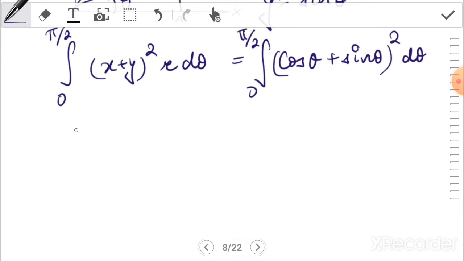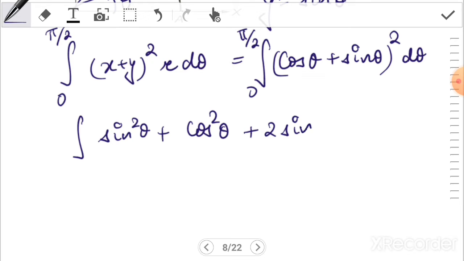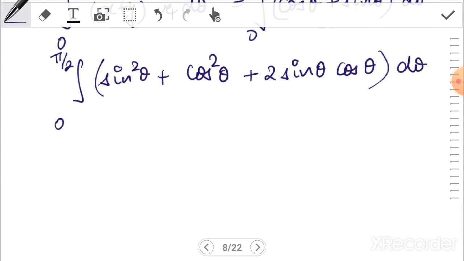Okay, now expand: sin square theta plus cos square theta plus 2 sin theta cos theta, d theta, 0 to pi by 2. Okay, sin square theta plus cos square theta is 1 and 2 sin theta cos theta is sin 2 theta.